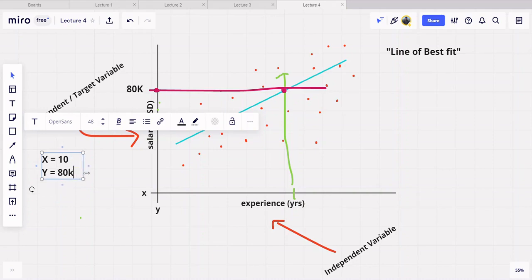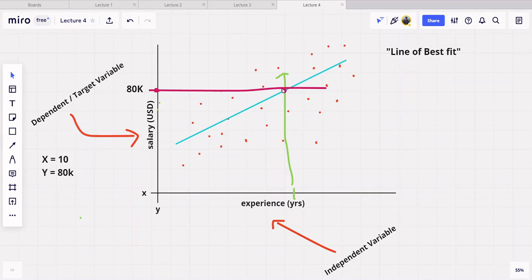So for whatever value of x, all we have to do is find that point on the x-axis, draw a vertical line that touches the line of best fit, and then draw a horizontal line through that point, and wherever that line hits the y-axis, that is your y prediction. Now I know this is too basic, and some of you may be wondering why I am explaining all this basic stuff, but it is necessary because some of you may not be from a statistical background.